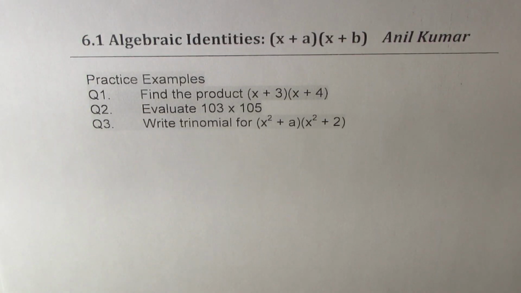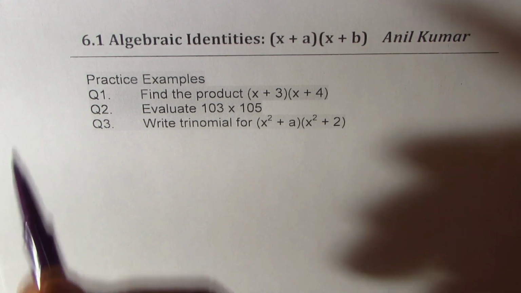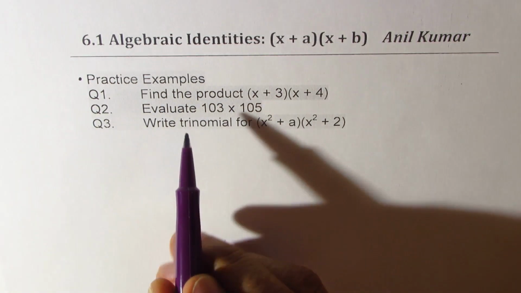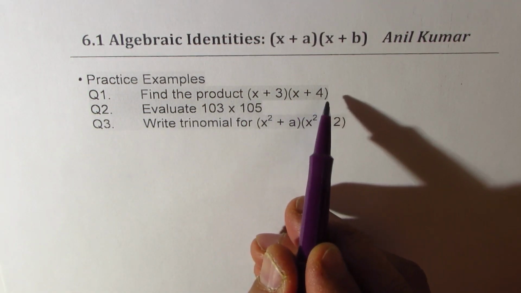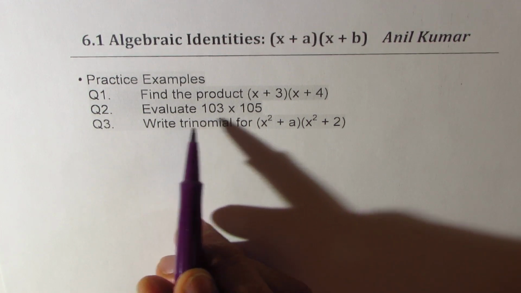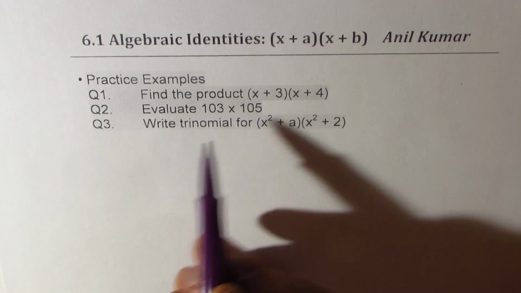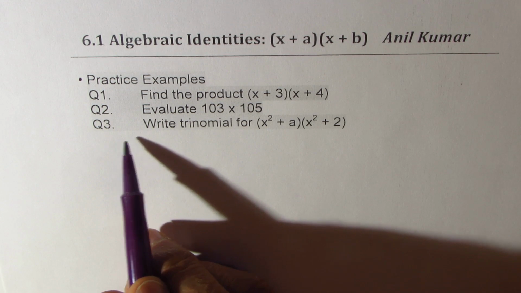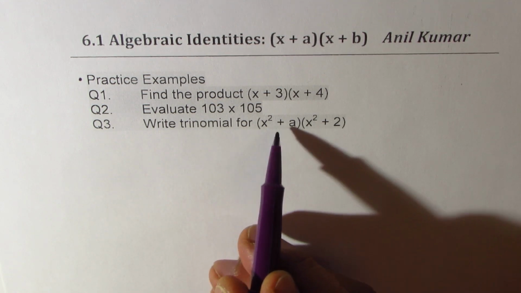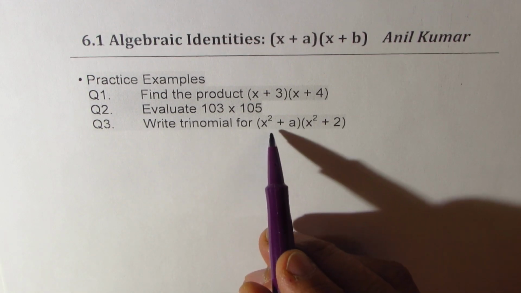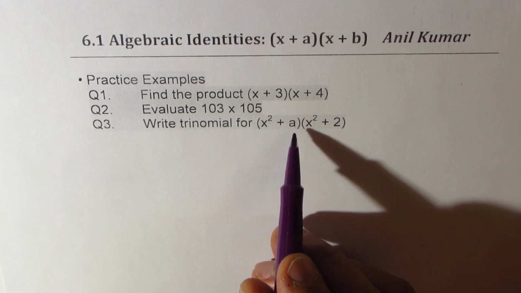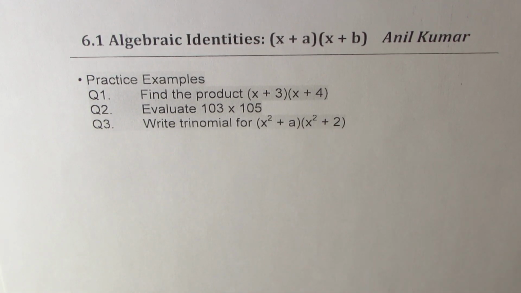Now, here are a few practice questions for you. So we have three examples. First one, find the product x plus 3 times x plus 4. Second, evaluate 103 times 105. And question 3 is, write the trinomial for this given factor: x square plus a times x square plus 2.